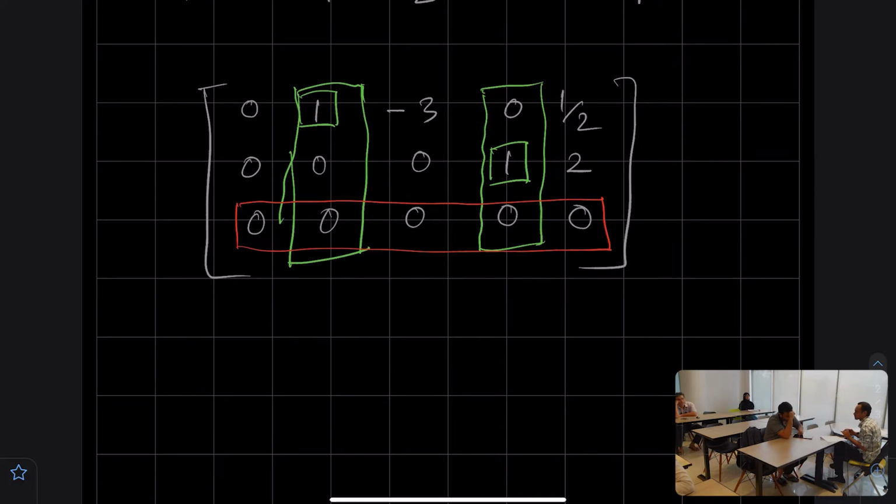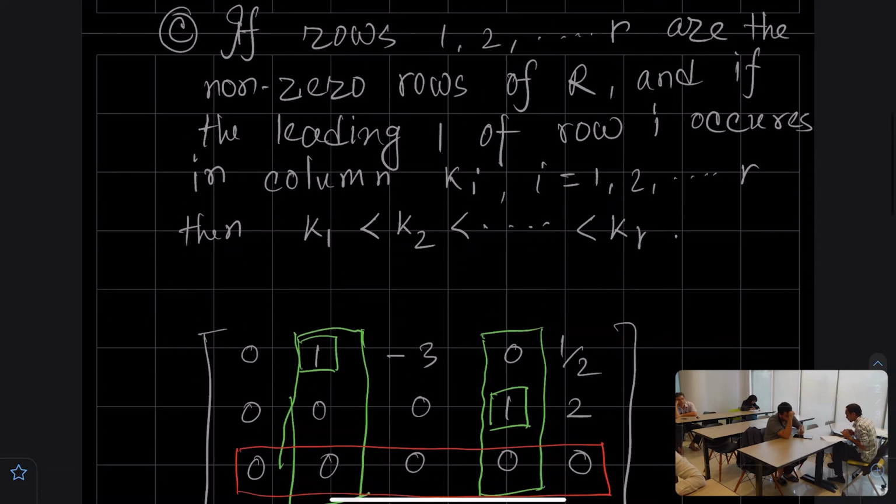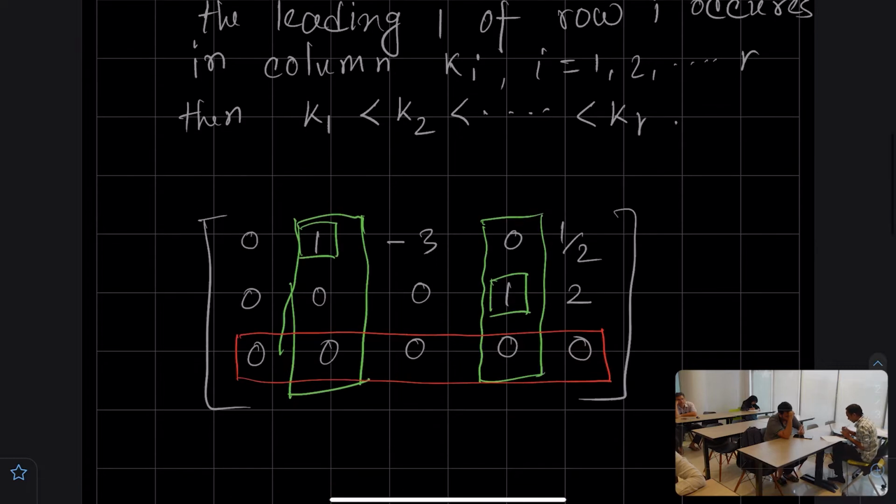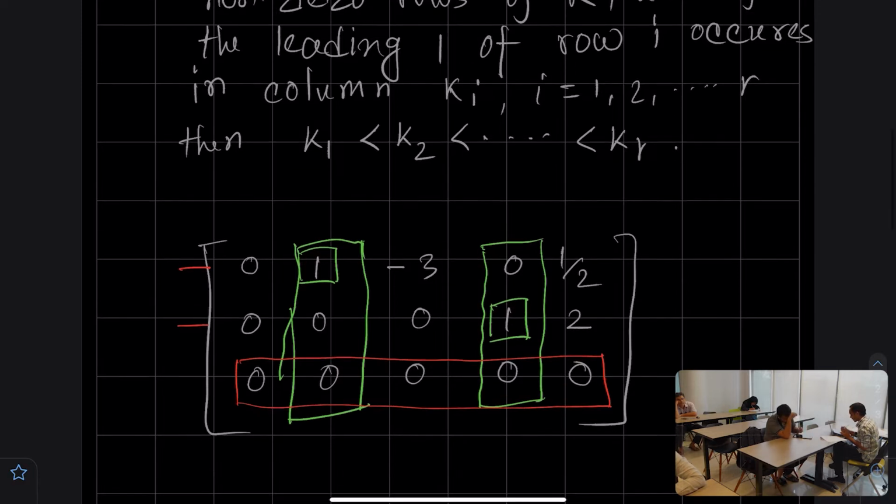In that matrix, right? And then rows 1 and 2 have a leading one, and this is column 2 and this is column 4.